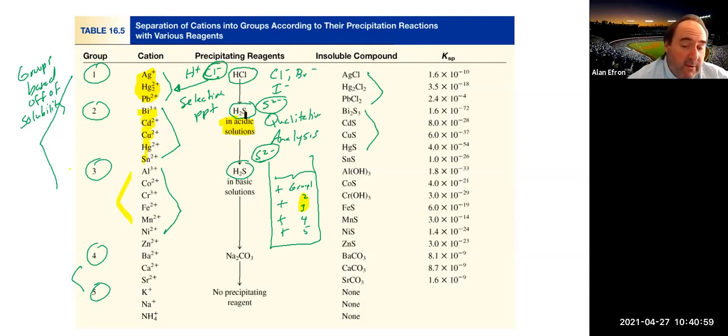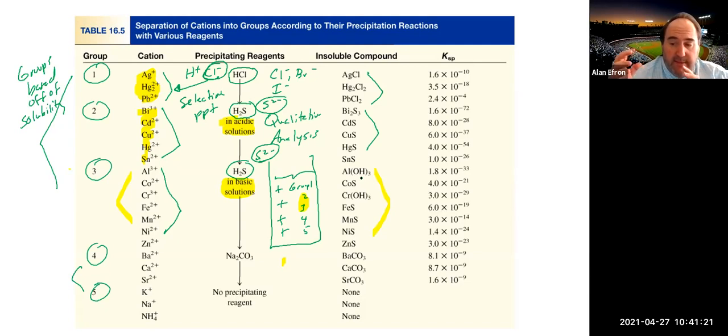Now, once we've gotten rid of group 2, we turn the pH really basic, which increases the hydroxide concentration. As you can see here, we get both sulfides and hydroxides to precipitate out. This is what we were talking about earlier today.